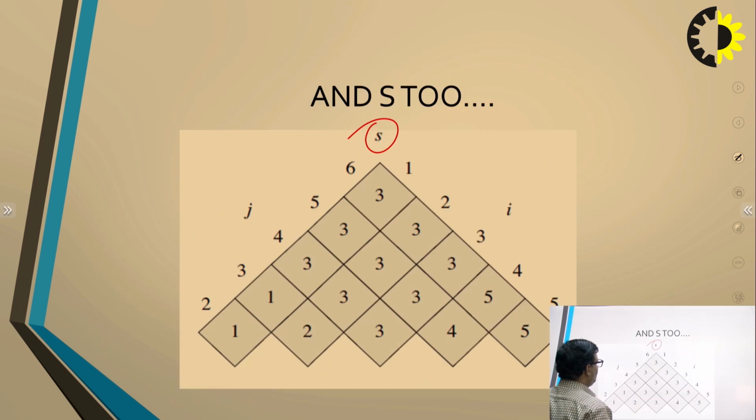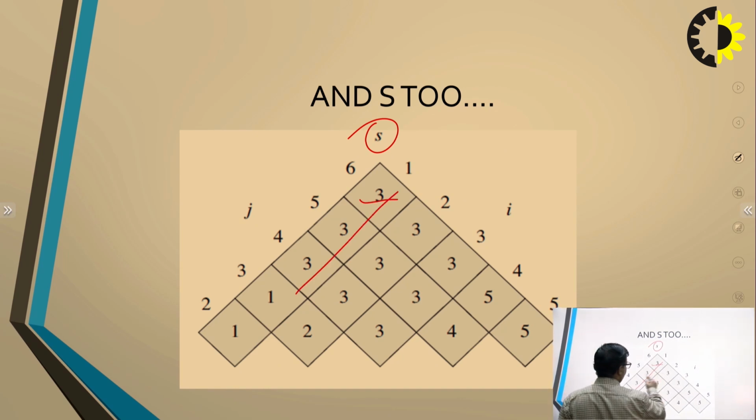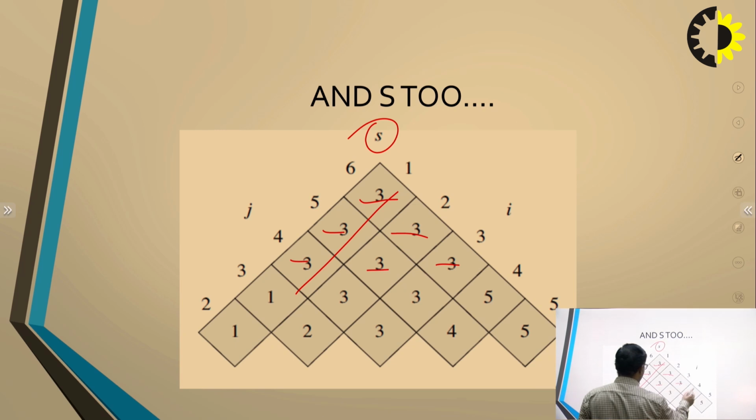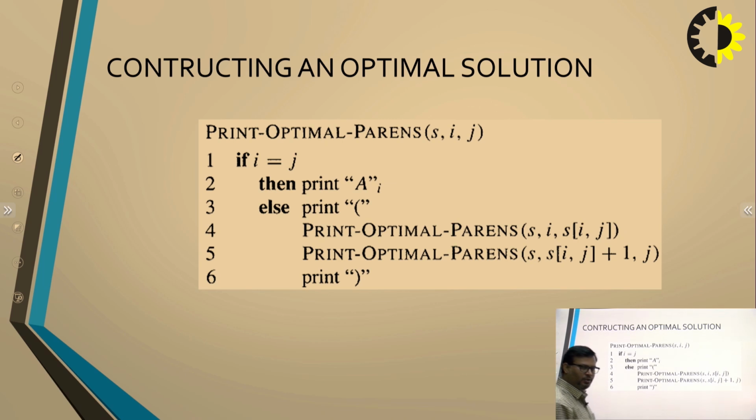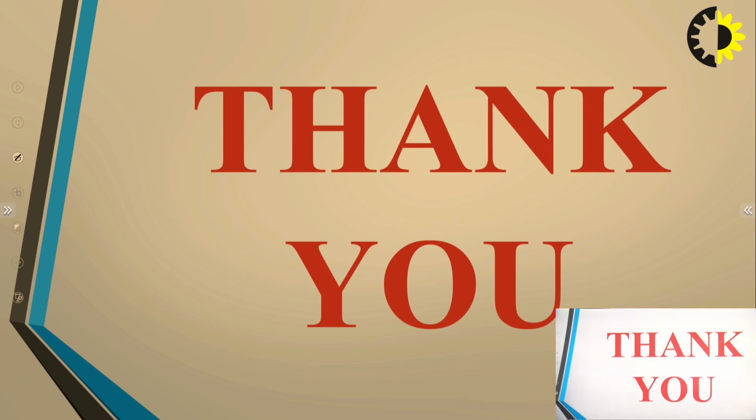Then here 3, 3, 3, 3, 3, 3, then 1, 3, 5, 3, 5, then 1, 2, 3, 4, 5. These are the parenthesization matrix. This is the concept of the optimal parenthesization of matrix multiplication. And thank you very much.